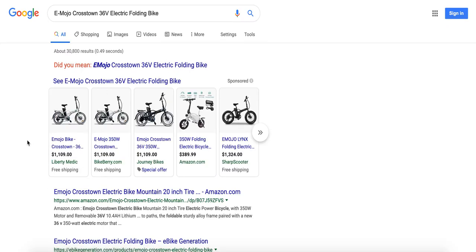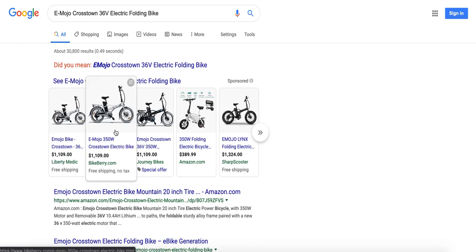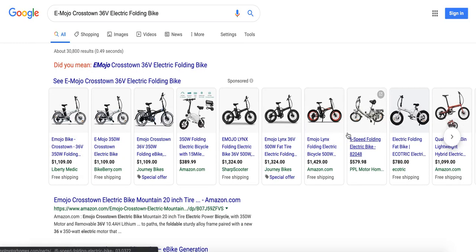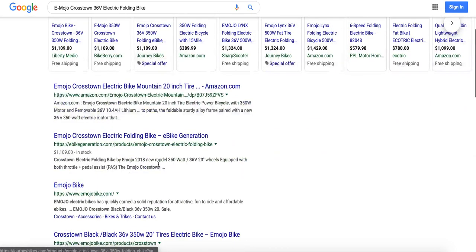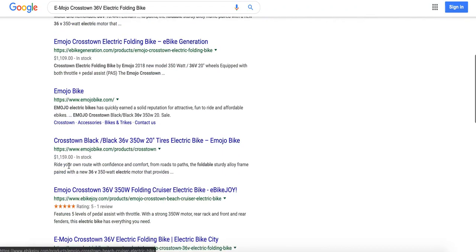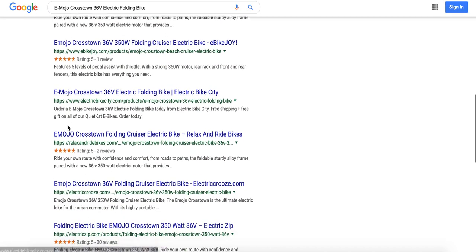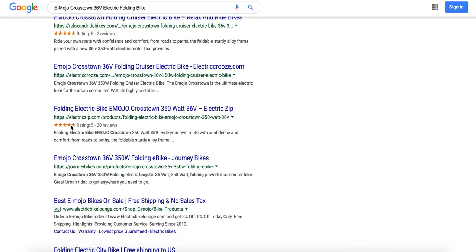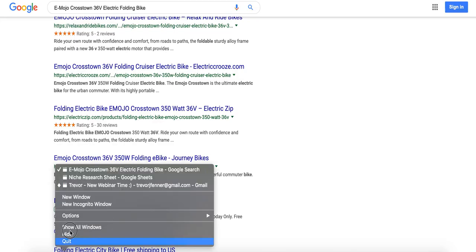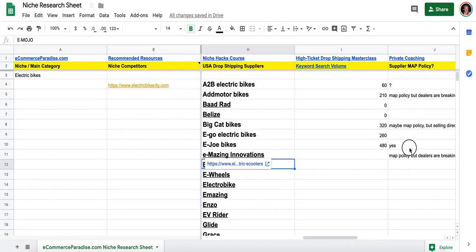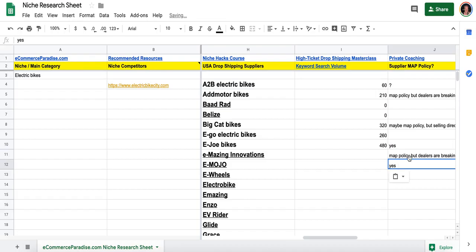This is a good example of one that definitely has MAP pricing, and they are enforcing it because you see $1,109, $1,109, $1,109, and it's higher everywhere else. $1,109, $1,159. Mojo themselves are selling for more. That's definitely ideal. So that's good. That's what we want to see. We want to see that it's the same across all dealers, and that the supplier themselves, if they are selling direct, then at least they're selling above MAP price or at the same MAP price. That's the key.